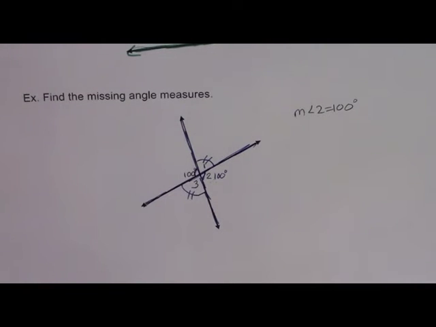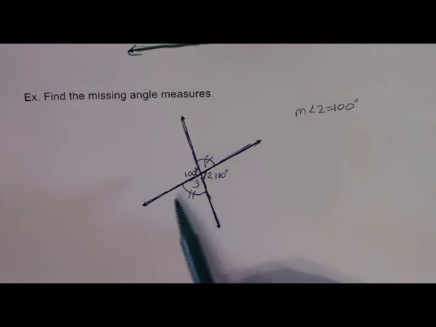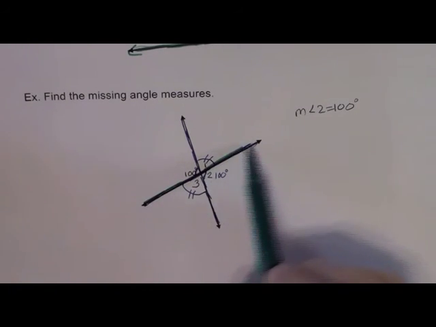And you have a couple of options here, but given that we're using linear pairs and vertical angles, we used vertical angles already. I'm going to look for a linear pair. Two angles that share a side that together make a straight line. So I see one right here, a straight line right through the middle.